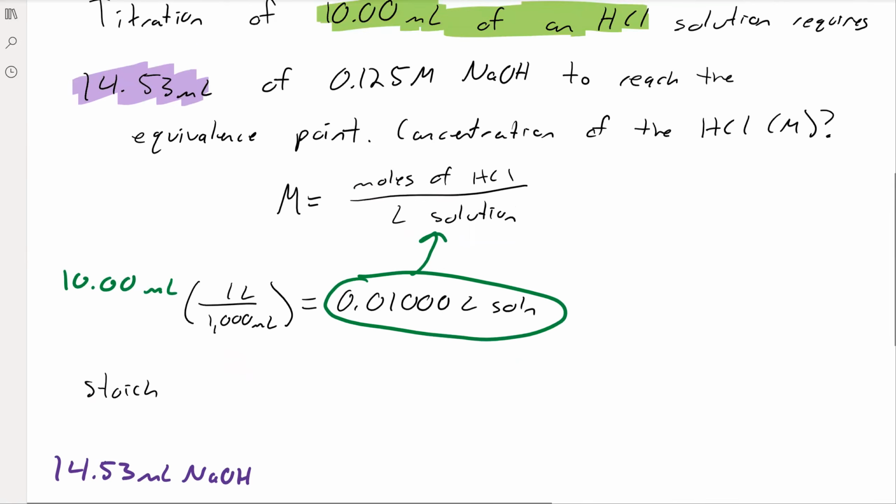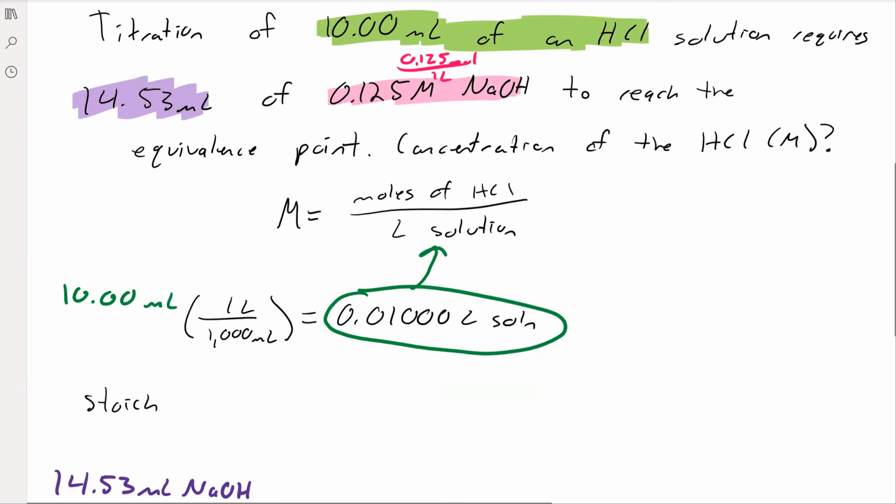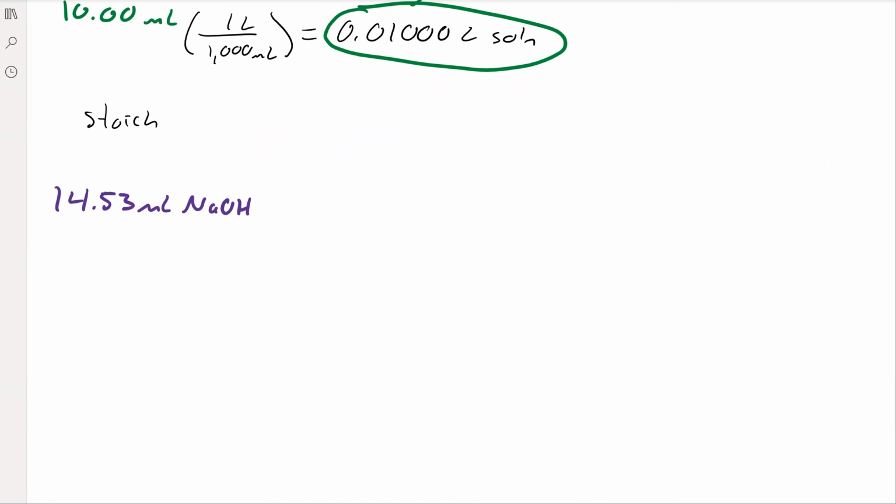If we think about what other data we have, the concentration of the NaOH. So that's in molarity. So that would be equal to 0.125 moles of NaOH over 1 liter of solution. And so we can see that the denominator is liters. Here we've got milliliters. Those are both volumes, so we can get them to interconvert with one another.